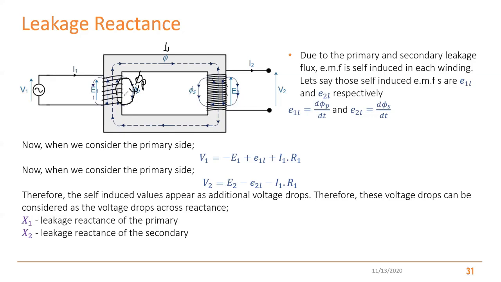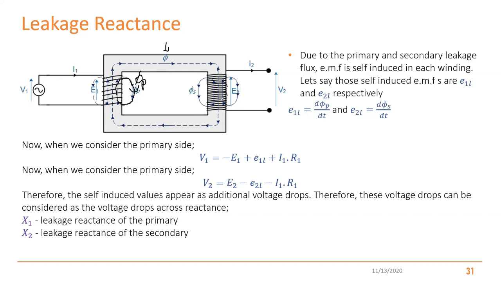It is coupled with itself, but that coupling doesn't create any energy transformation between primary and secondary. That means it becomes wastage at the end, so leakage flux is another source of power loss.